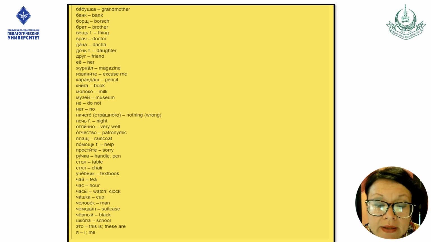Помощь. Again, a soft sign at the end of a word, and the letter ь points out the feminine gender of this noun. Помощь. Простите.